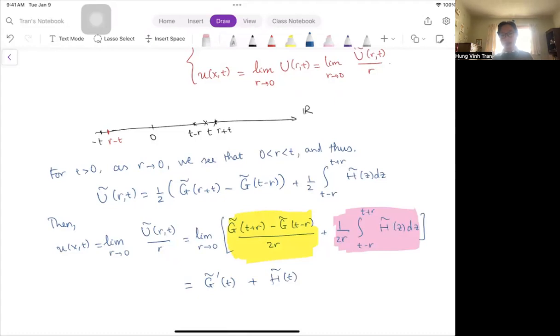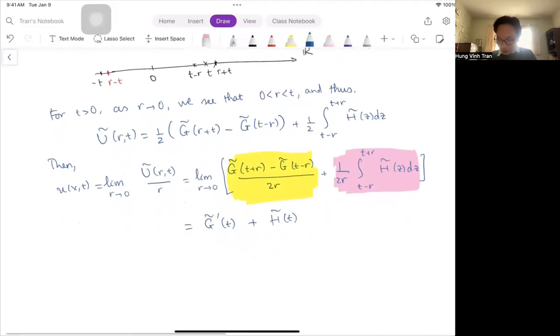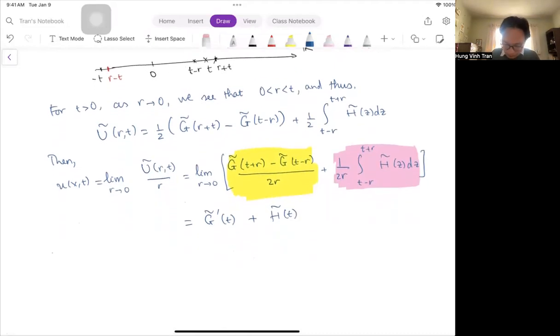Okay, so we have that beautiful formula. We conclude u(x,t) equals g tilde prime at t plus h tilde of t.